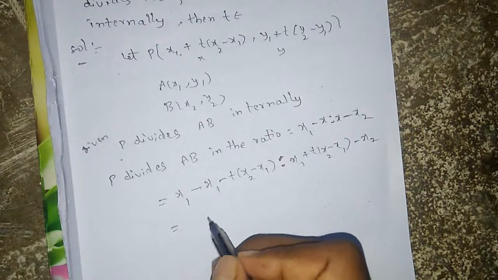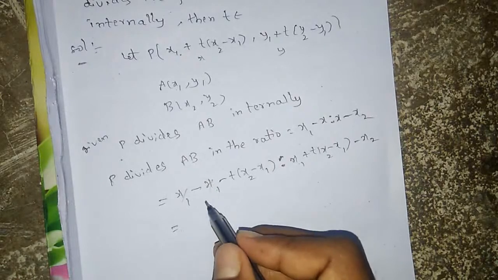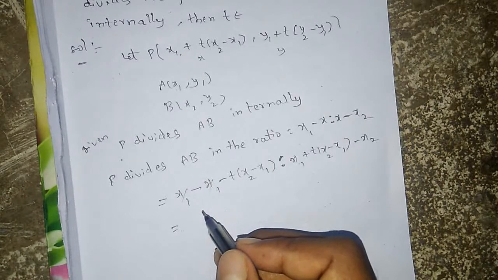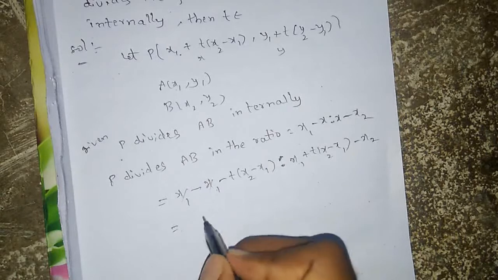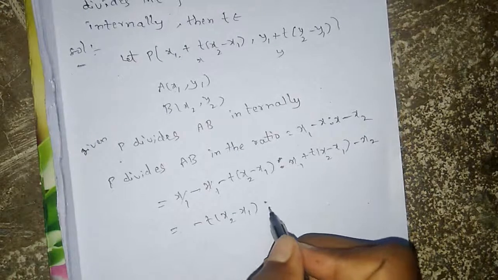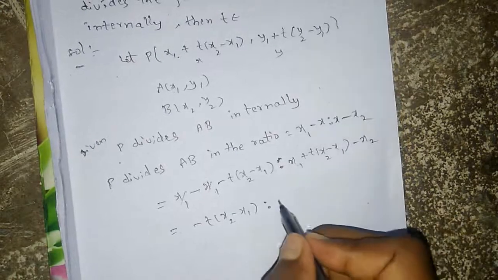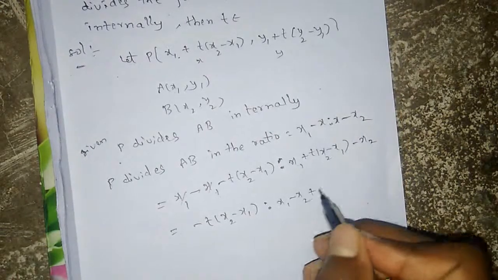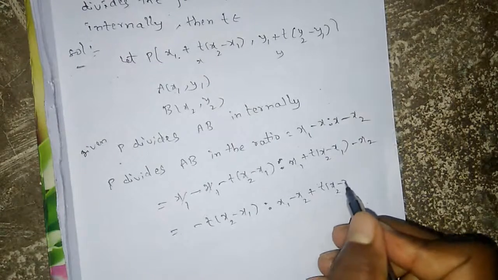Here x1 gets cancelled, that is -t(x2 - x1) is to x1 - x2 + t(x2 - x1).